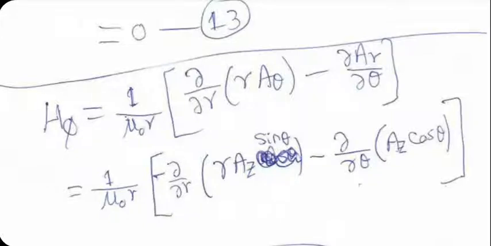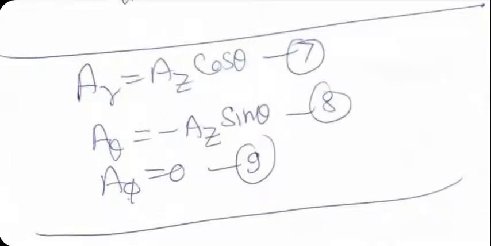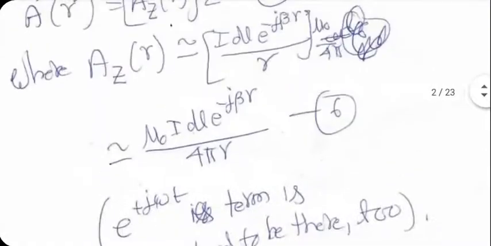1 upon mu naught r is obviously going to be outside the bracket. d by dr of r A theta. A theta is minus Az sine theta. And Az is this equation. Now it becomes interesting.